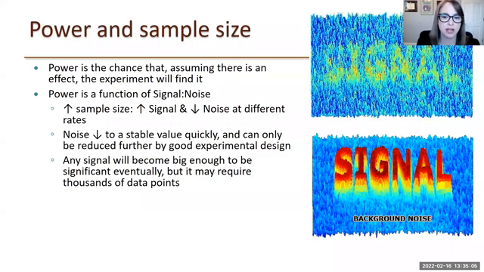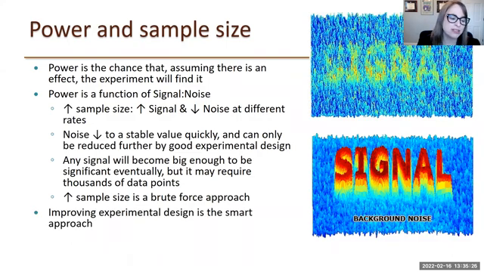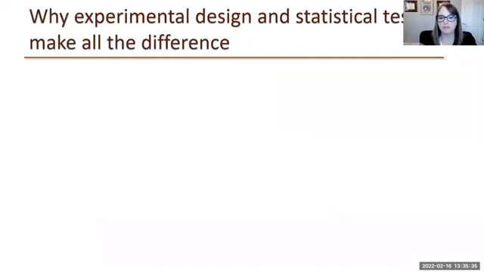So it comes down to whether that is ethically appropriate, or whether we really care about something so small, if that's really worthwhile. Essentially, increasing sample size is a brute force approach to amplifying that signal. What we need to think about is how we can improve the experimental design, because that's the smart approach, not the brute force approach. So, okay, let's think through a scenario here.